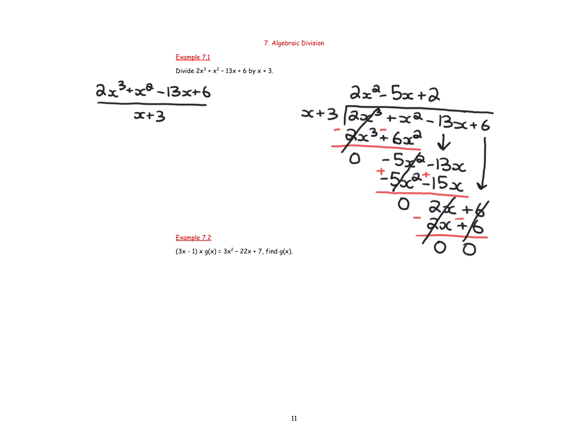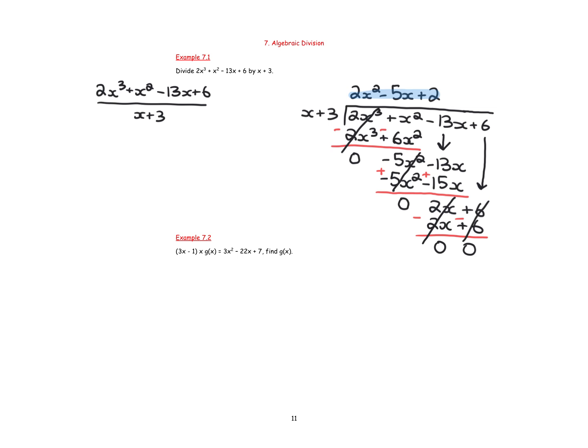As we have 0, 0 at the end, we're now finished. And up here at the top, when we divide 2x cubed plus x squared minus 13x plus 6 by x plus 3, we get 2x squared minus 5x plus 2, and that's the answer to our question.